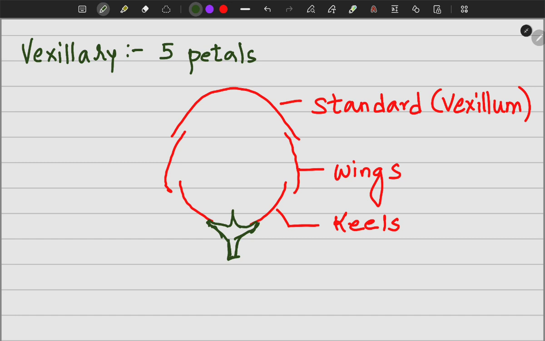Such kind of aestivation is called vexillary aestivation, or there's one more term, papilionaceous aestivation.